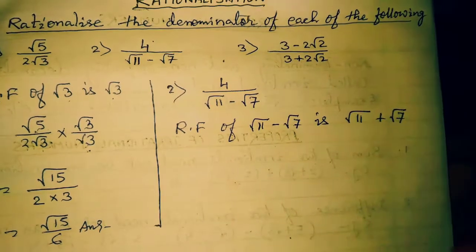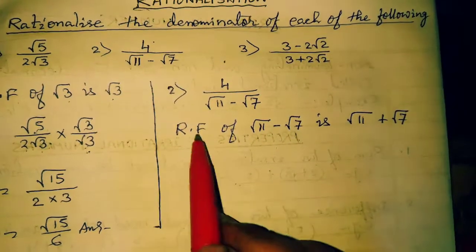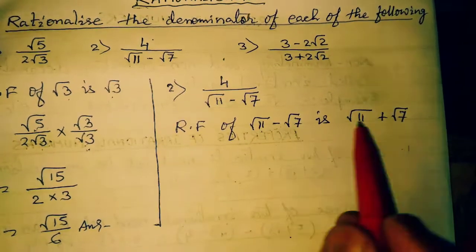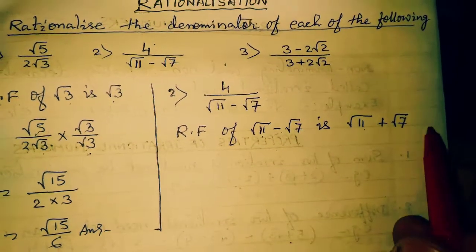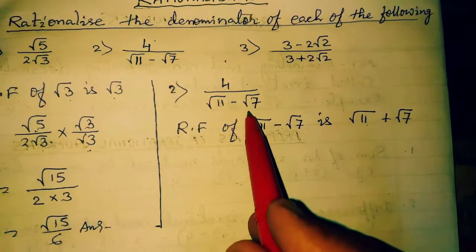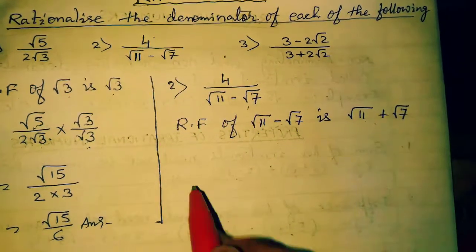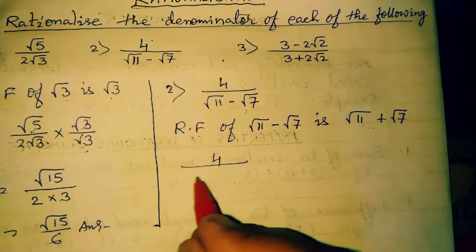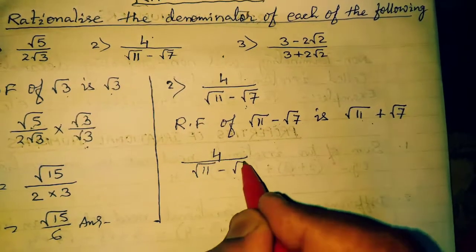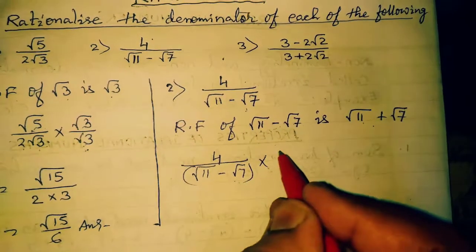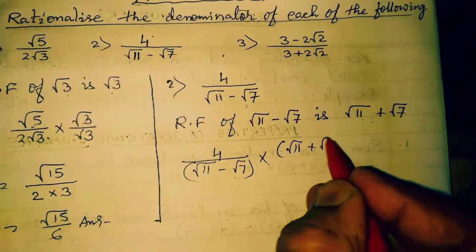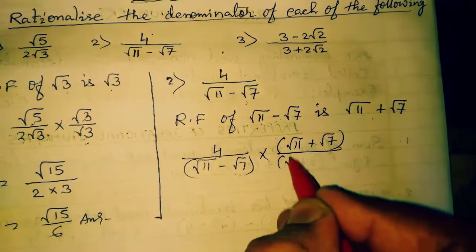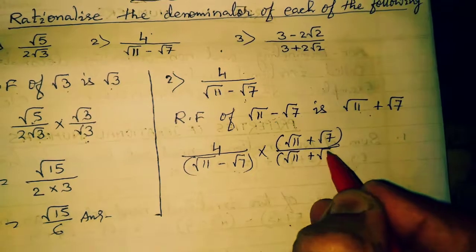If you multiply, you'll get a rational number. So if the rationalizing factor of root 11 minus root 7 is root 11 plus root 7, we multiply the numerator as well as the denominator by root 11 plus root 7. So 4 by under root 11 minus root 7 into root 11 plus root 7 divided by root 11 plus root 7.